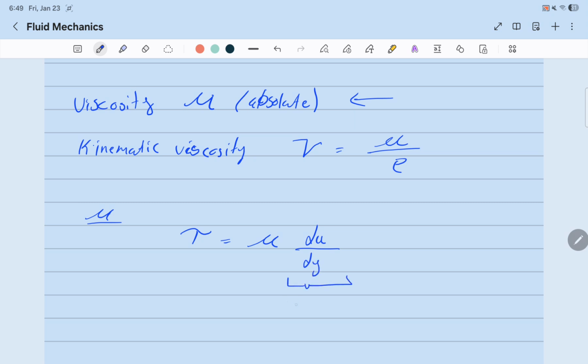This here is your velocity gradient. That's your absolute viscosity. And that's shear stress.